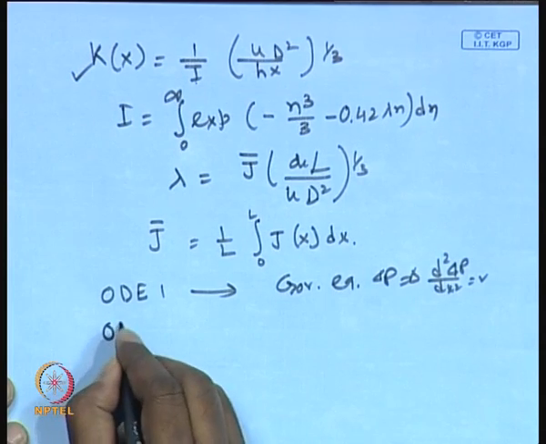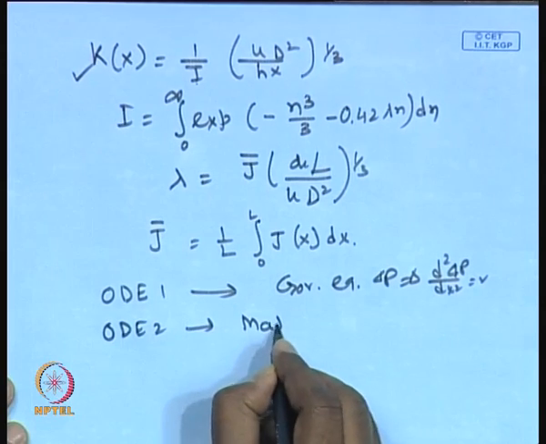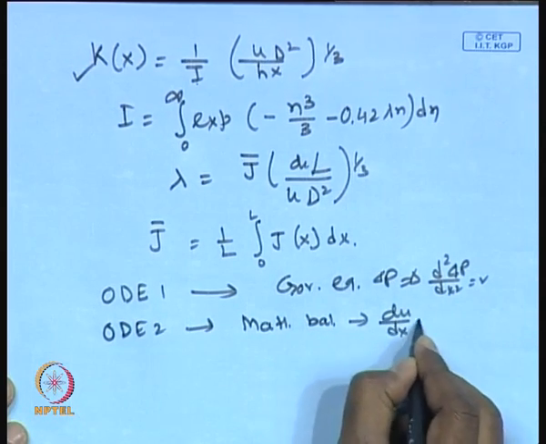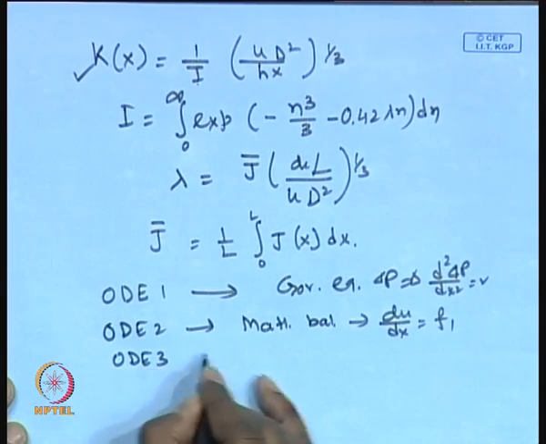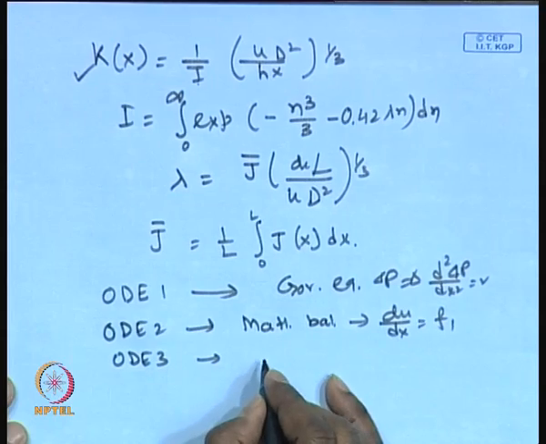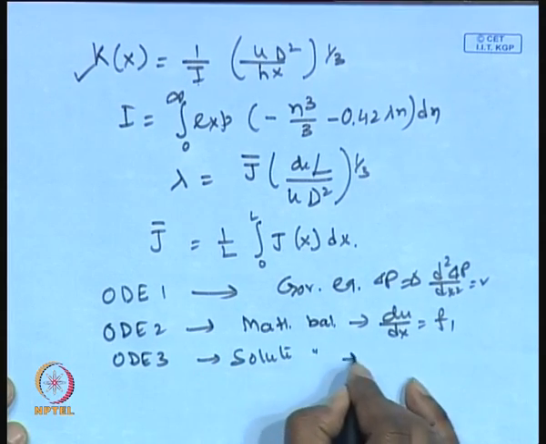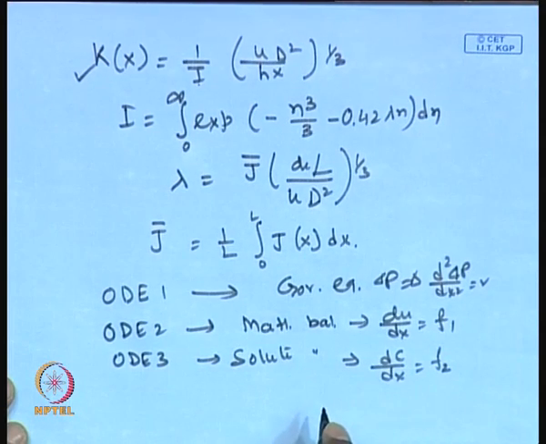ODE number 2 gives you the overall material balance, that gives du dx equal to some function f1. ODE 3 is the solute balance equation over the differential element, that gives dc dx equal to some functional form f2.